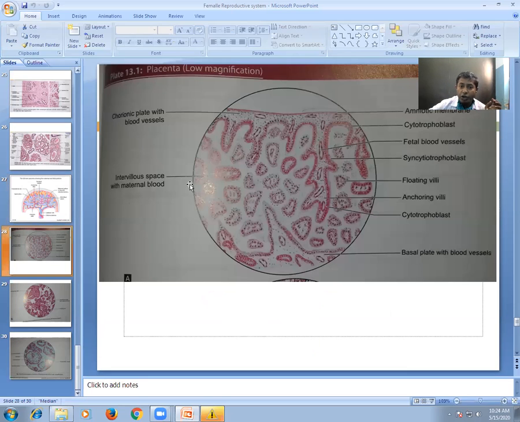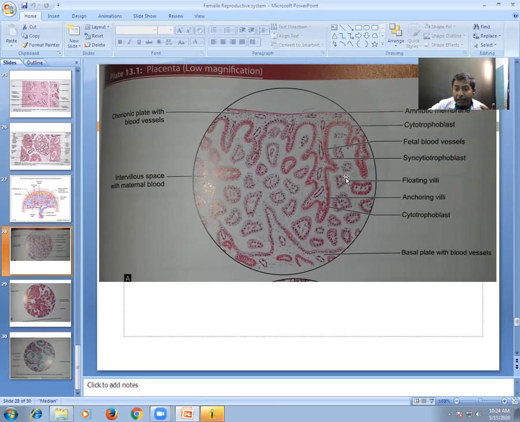Now the histological structure. You can see here this is the chorionic plate, and these are the villi. These are the cytotrophoblast, and these are known as the syncytiotrophoblast. These are the floating villi that I just told you about, and these are known as the anchoring villi, anchored to the decidua basalis.